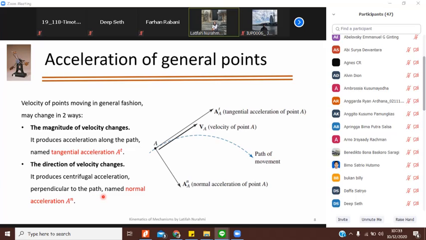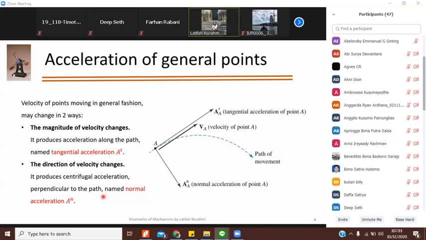I remember some students, I'm not sure whether here or in another class, used to call it a centrifugal force, which is true. So one force might have different names. We might call the force in the tangent direction tangential force, or that student calls it a centrifugal force, which is also fine.